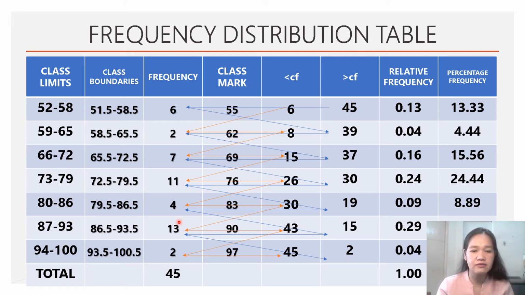So 6 divided by 45 is equal to 0.13, and the result of 0.13 is expressed as a proportion that is less than 1. When multiplied by 100, it yields a result expressed in percent, which is 13.33% for the first class.